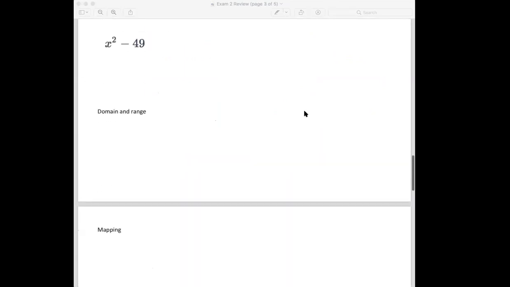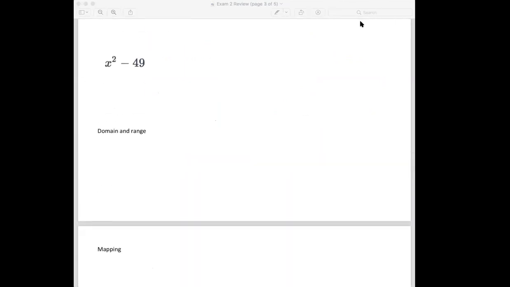Okay, moving on. Let's take a look at a domain and range example. Let's say we have some sort of graph that maybe looks like that.